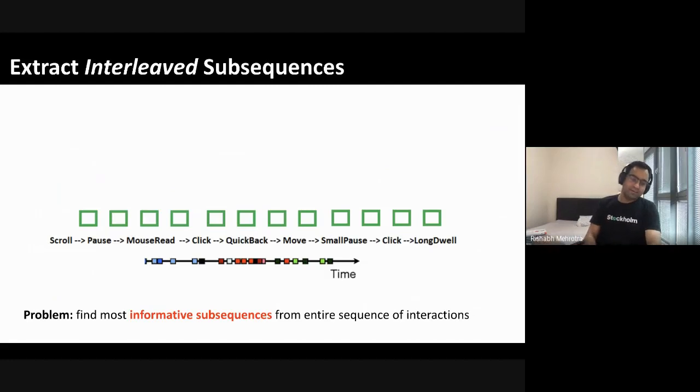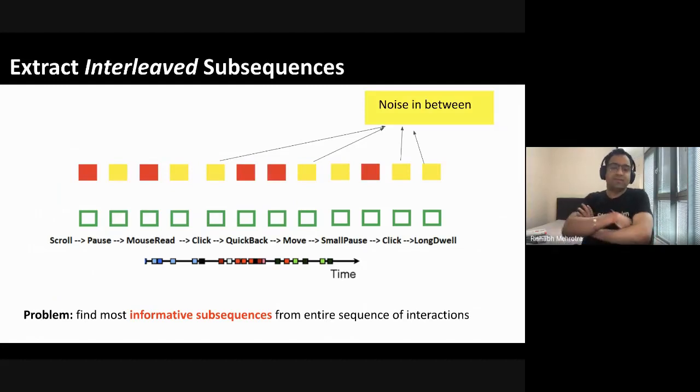Now, the problem is, how do we find the most informative subsequence from the sequence? If you look at a sequence over here, it could be like you scroll, you pause, do a mouse read, you click, you come back, you move again, you do a small pause, you click, and then there's a long dwell time. So maybe this is an interaction which a user had with the result page. Now, is it good? Is it bad? We have 100 millions of these. How do we find out which of these makes sense?